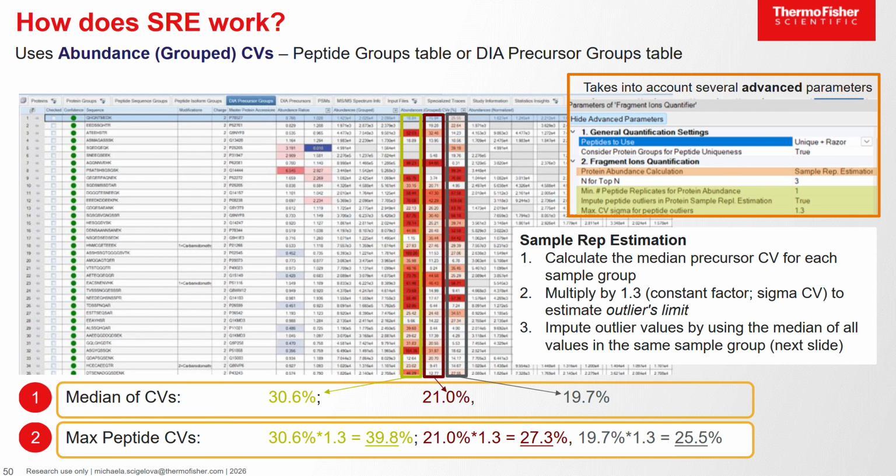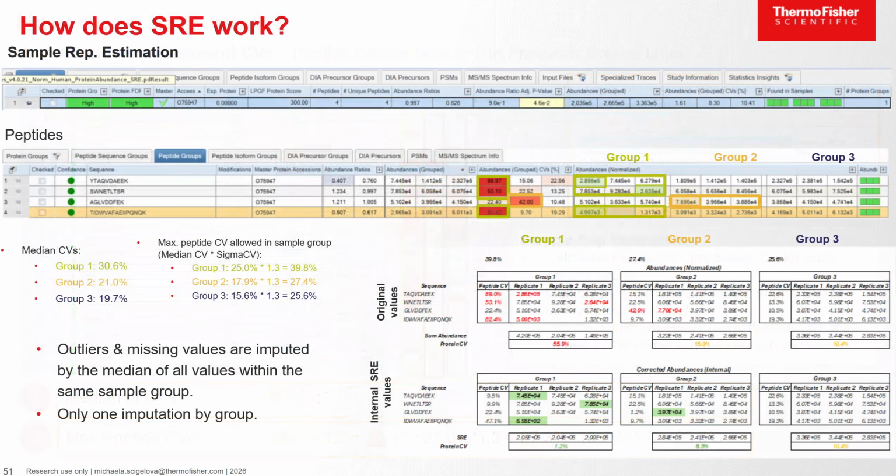And then you return to your particular peptide of interest, and you look at the abundances group CV values for group 1, for instance, the green one, and you see whether it is still within the tolerance you calculated. Remember, the tolerance for group 1 was about 40%.